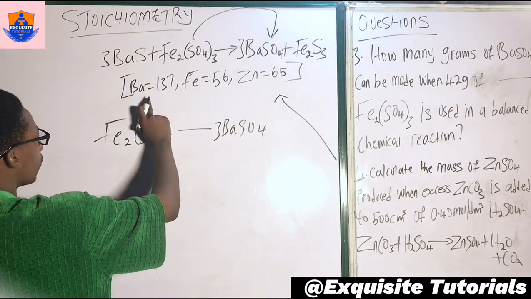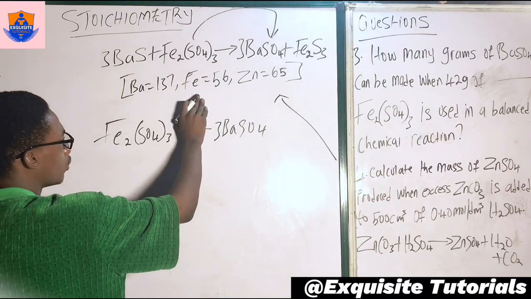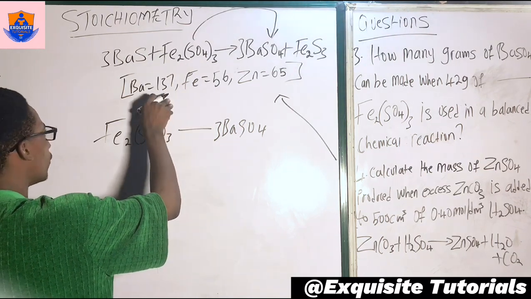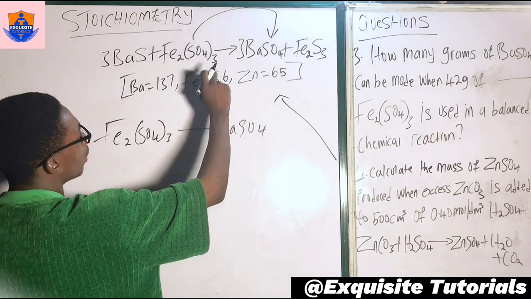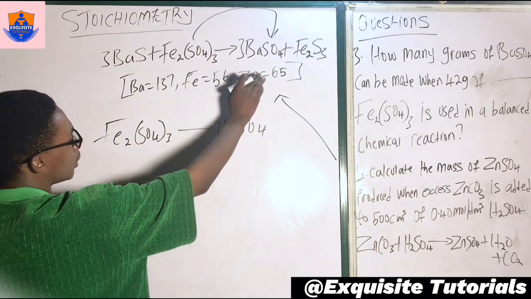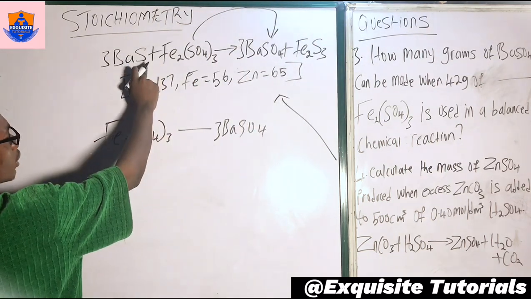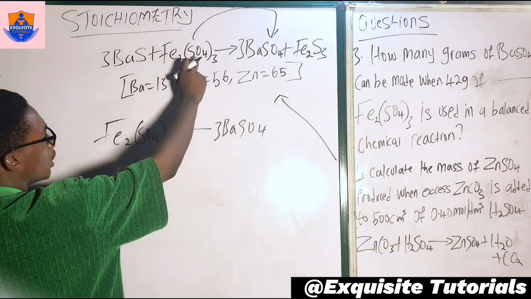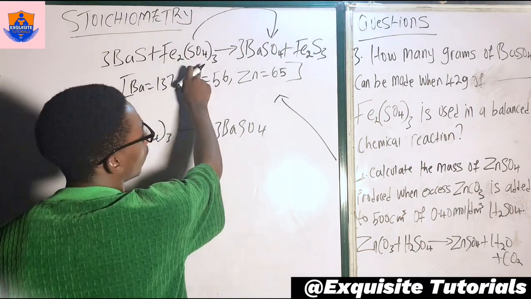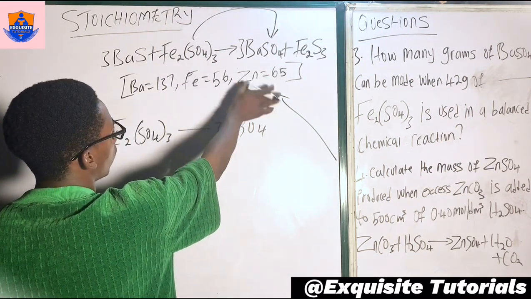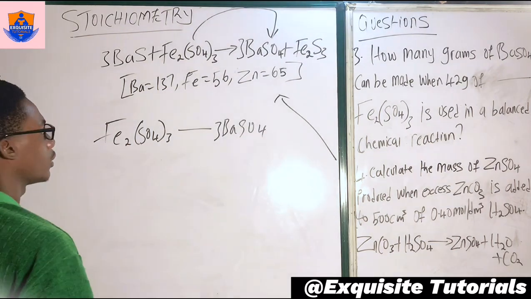The relative molecular mass of barium is 137, for iron it is 56, for zinc 65, for sulfur 32, and for oxygen 16. That's all for this question.